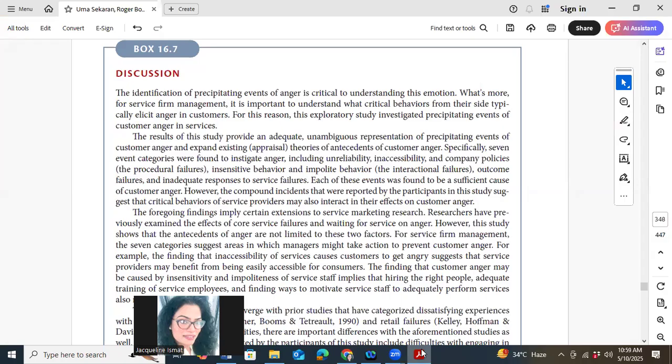So the matrix that we developed, what do you conclude from the discussion?